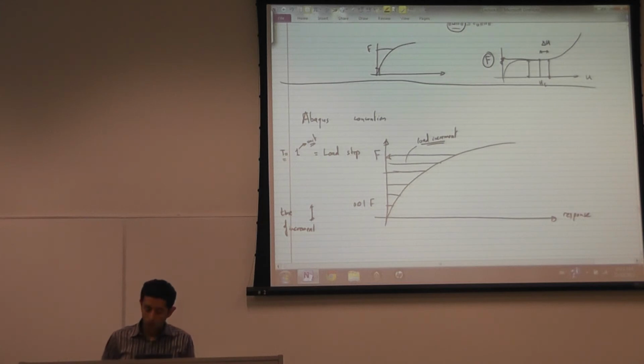And to achieve a solution at a particular load increment, this procedure where I calculate the slope and find the new U, so this is my x0 and this is my x1, is called an iteration.